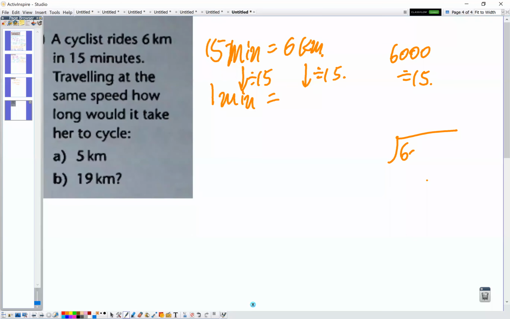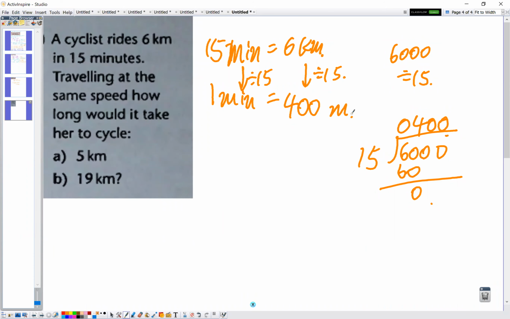You can get it like, how many 15 go into 6? None of them. How many 15 go into 60? 4. Which becomes 60, remember 0. Just 2 zeros at the end. They become 400. 400 meters. 1 minute is 400 meters here.